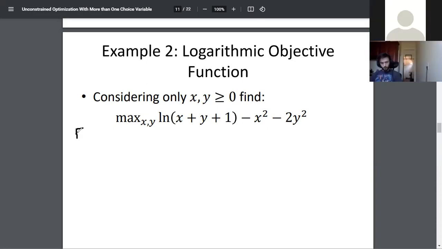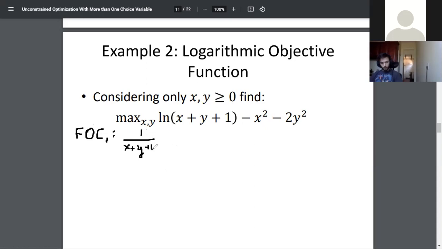What is the first order condition? I'll call it FOC 1 and 2. What's FOC 1? Colon, saying what I'm about to write is the first order condition for x. What is it? Just 1 over x plus y plus 1. Very good. Minus 2x.